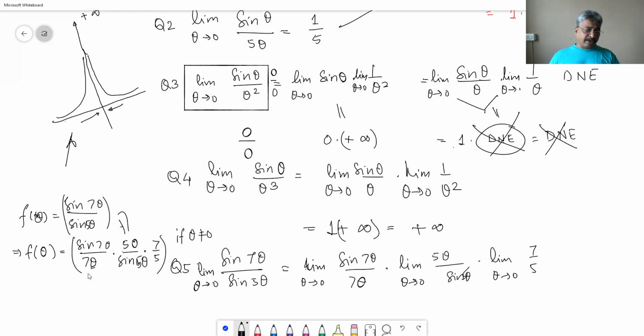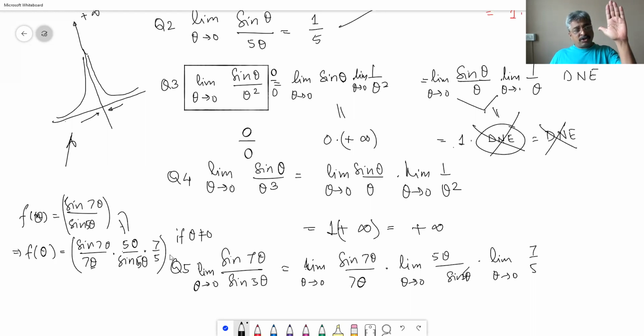And then I will have to check while giving limits to each individual. I have to only check that this limit exists and is finite. This limit exists and is finite. This limit exists and is finite. Because we have got the algebra of limits for L1 and L2, those are the finite values of limit. L belongs to R; L equal to infinity doesn't make sense.